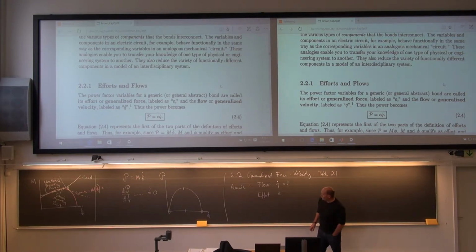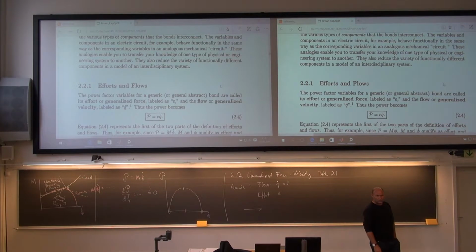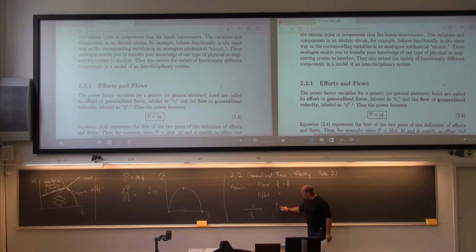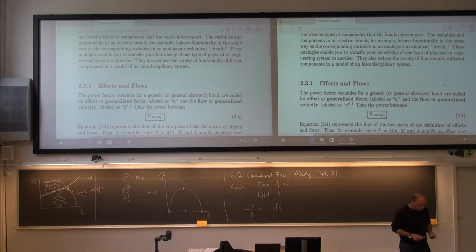So when you have a power bond like this, a half arrow, you will always put the flow, the q dot, down here, and the effort up here, always. Or if it goes this way, q dot goes to the side where you have the half arrowhead, and the effort on the other side, always, always.